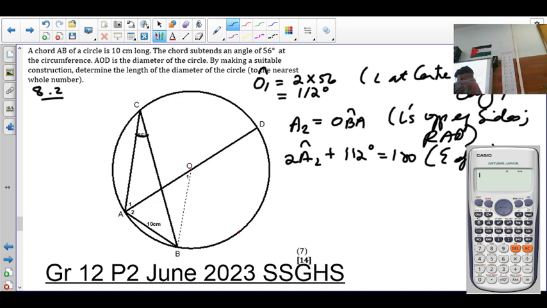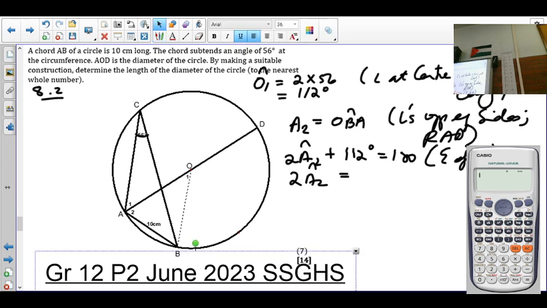Alright. So twice angle A2 is equal to 180 minus 112, and then it's 68 divided by 2 is 34.